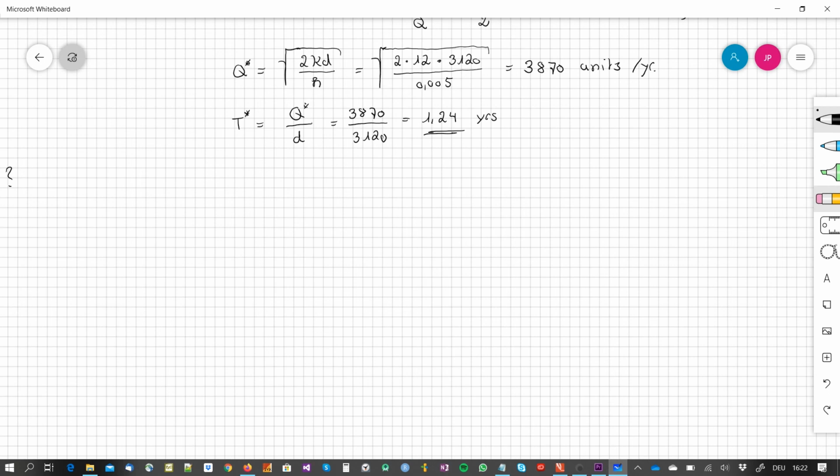We were required to state the total costs. So if we look at the average holding cost, that was the 0.005 multiplied by 3,870 divided by 2. This is, now I state the unit, $9.675.